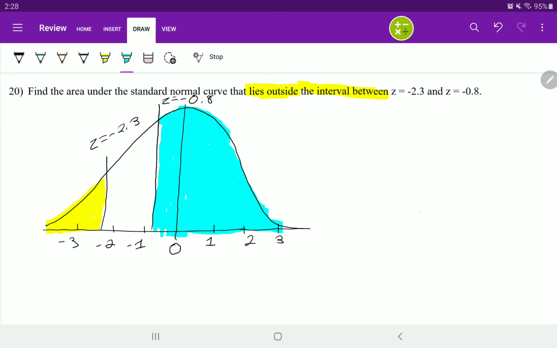So now what we're going to do is find the probabilities. We want to find the areas of those z-scores. So let's go ahead and find the area or the probability that z equals negative 2.3. And let's find the probability that z equals negative 0.8. And we're going to use our standard normal distribution table.